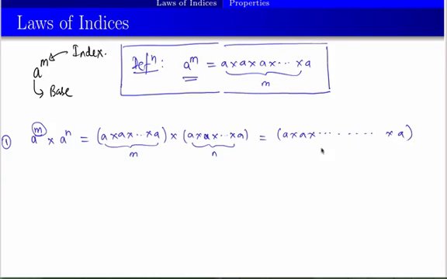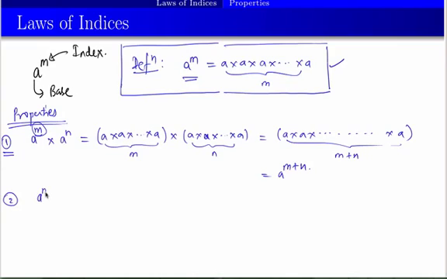If I combine both these brackets, I have m plus n a's. By using this definition, I can write this as a raised to m plus n, and hence we get this first property. Here we are trying to list down all the properties of indices.